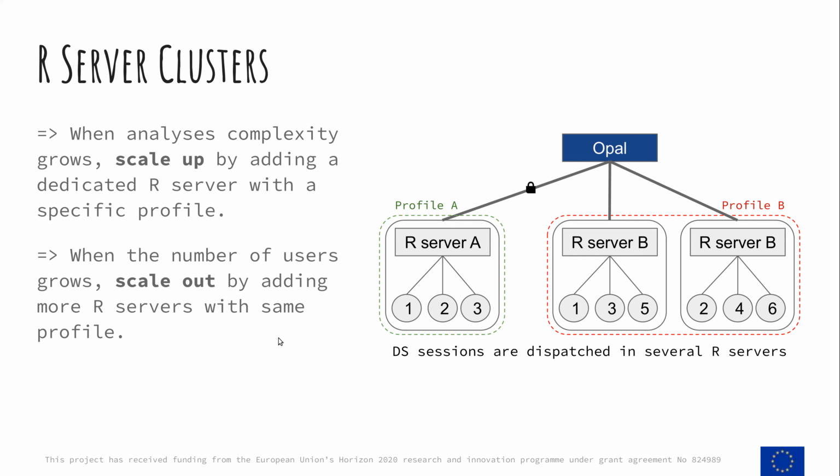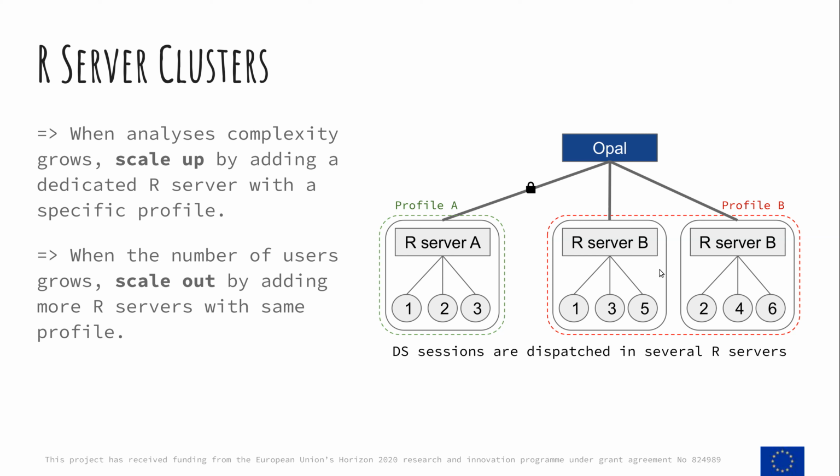If you have more users who are doing a regular analysis, you can scale out. You can add similar R servers. And it will constitute, from the Opal point of view, a cluster of R servers, to which the same profile will apply.